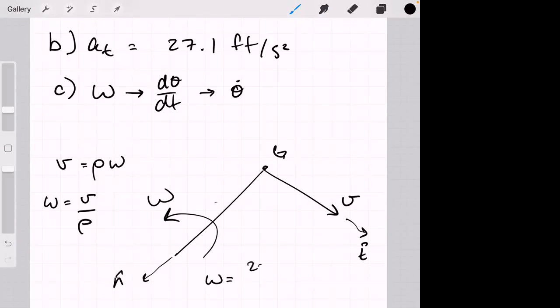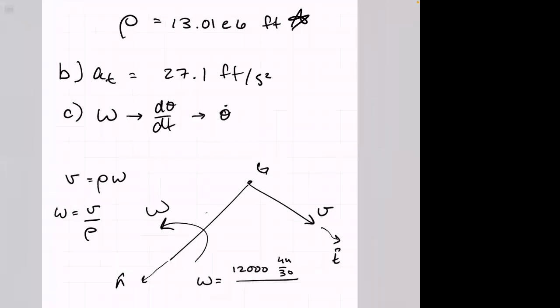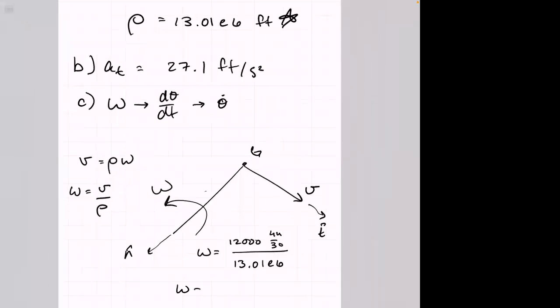So velocity being 12,000, and then that conversion 44 over 30, divided by what we found to be rho, which is the radius of curvature, then we can calculate a value that is in radians per second.